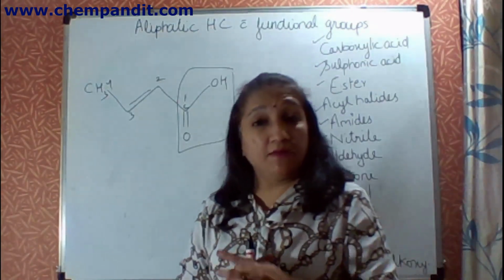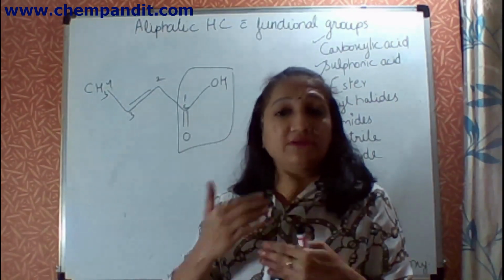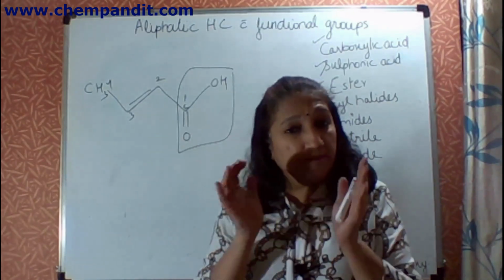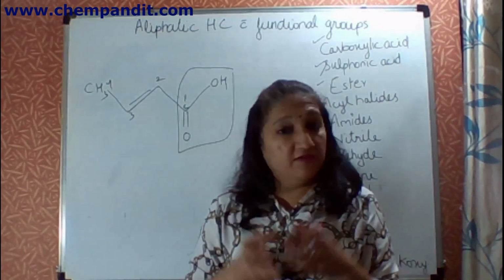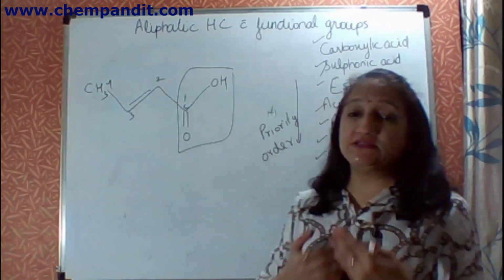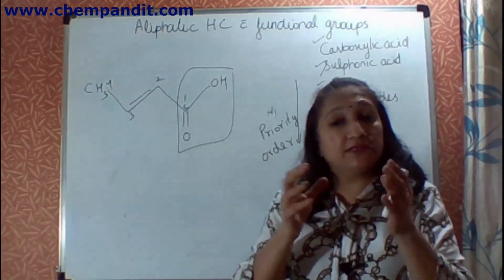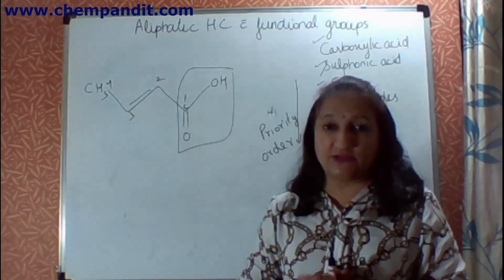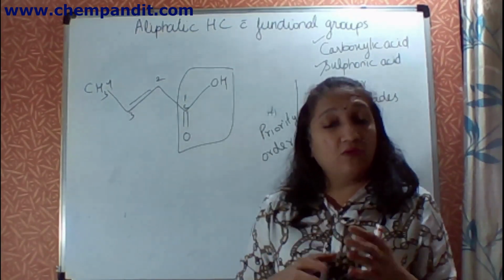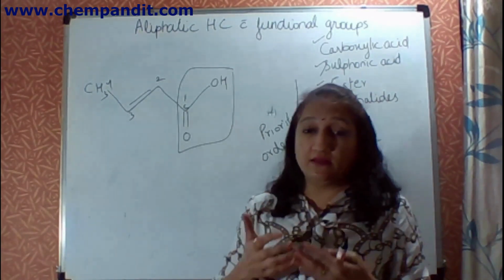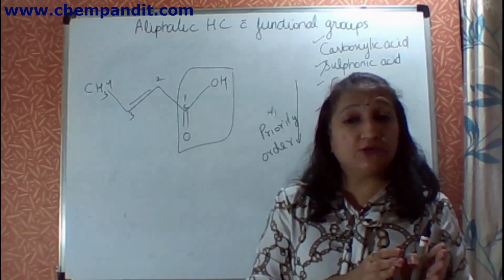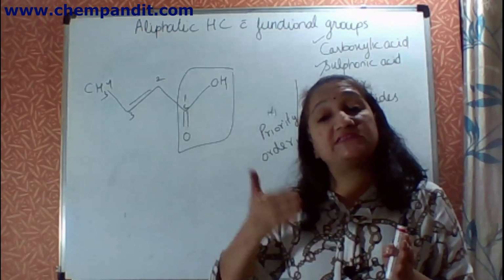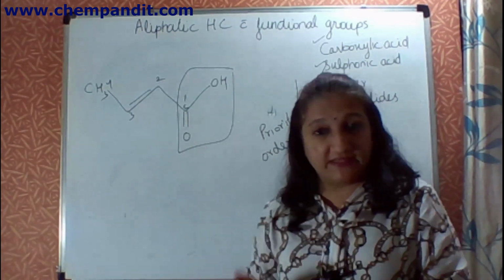Whenever a compound contains more than one functional group, the compound is known as a polyfunctional compound. Clear? Now, in this case, while naming, one of the functional groups is taken as the primary functional group and then the compound is named accordingly on that basis.